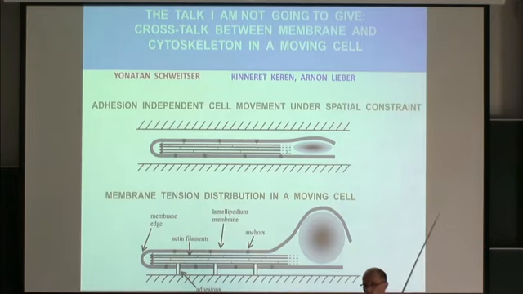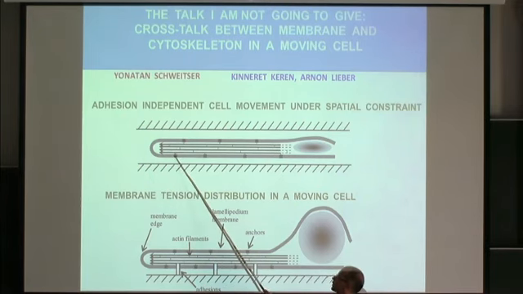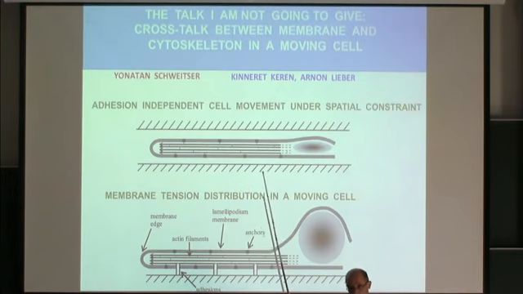This motion will proceed in the forward direction if the friction coefficient of anchors is larger than that of the membrane, but it can even proceed in the opposite direction if the relationship is opposite, meaning that the friction coefficient of the membrane is larger than that of the anchors, which was a sort of surprise for me.